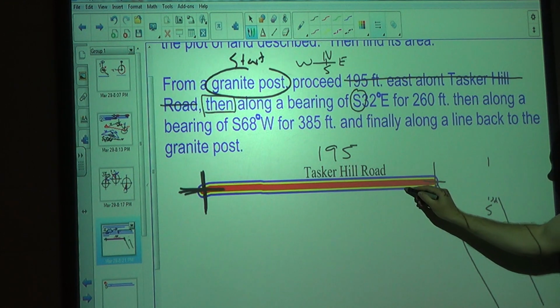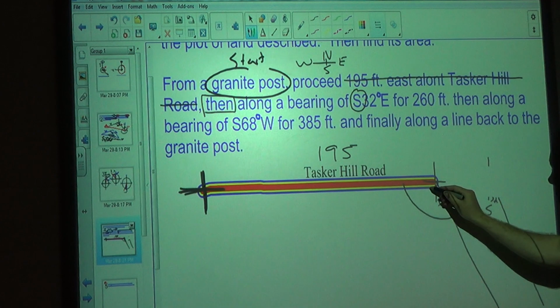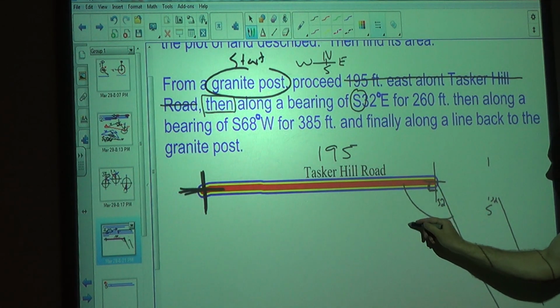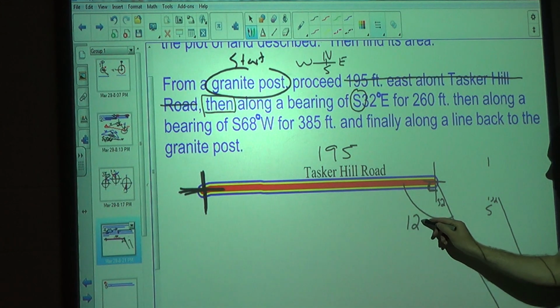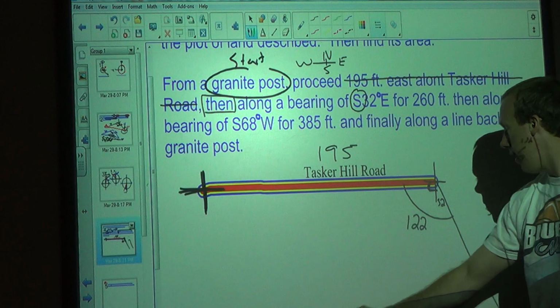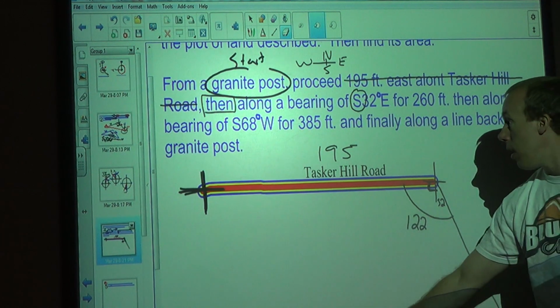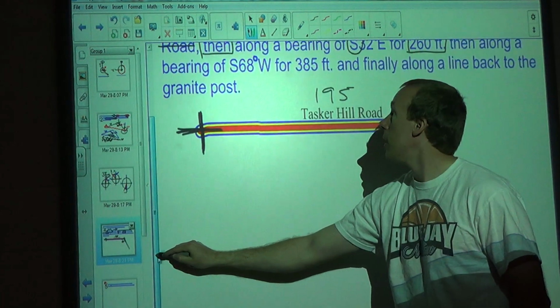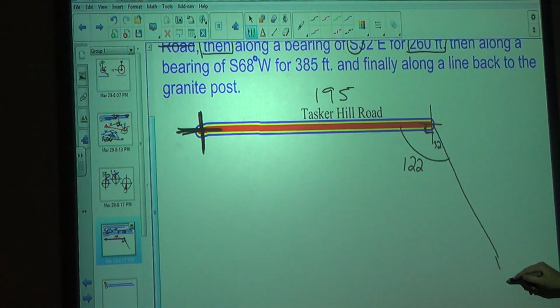Other thing I can do right now is I can fill in this whole angle, because I know this is a 90 here. So 90 plus 32 is 122. Okay? And then I know that I went for 260 feet. So probably longer, it's supposed to be longer than Tasker Hill Road, but we're just going to go with this.